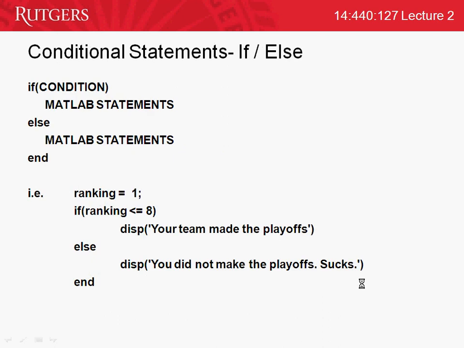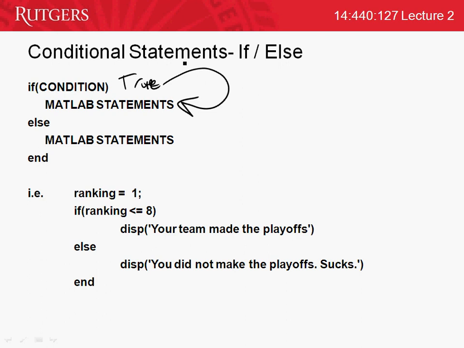So now let's go expand this a little bit. We can have what's called an if-else statement. And an if-else basically lets us decide between two courses of action depending on whether a conditional is true. Right, so we can say if some condition is true, we'll do these statements.